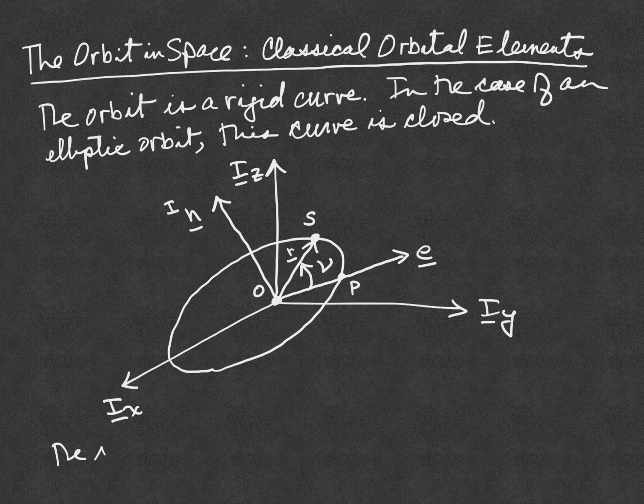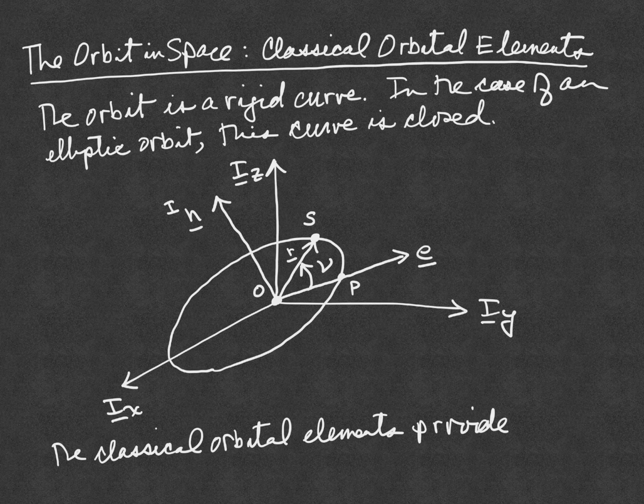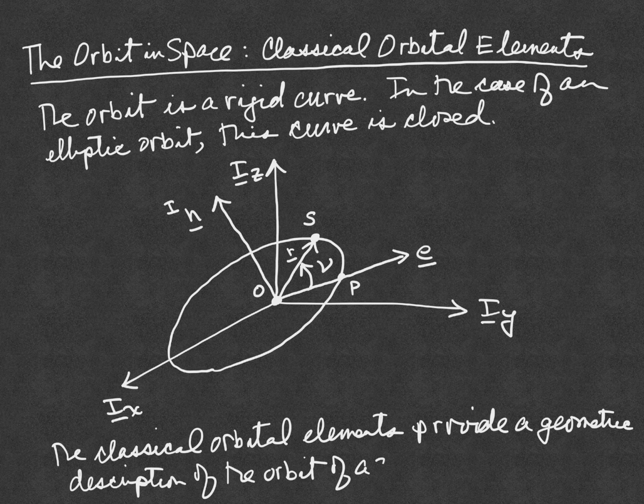So the classical orbital elements provide a geometric description of the orbit of a spacecraft relative to the inertial frame.